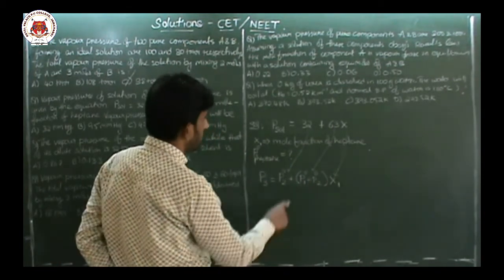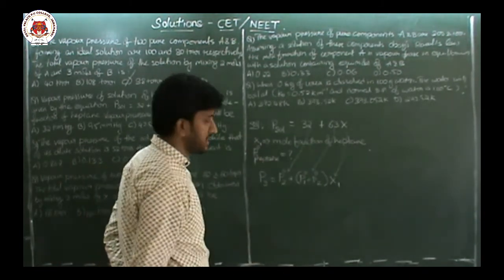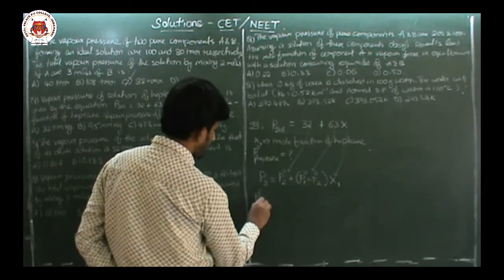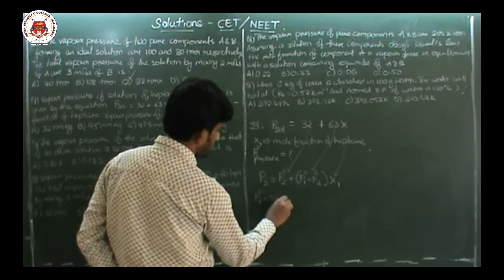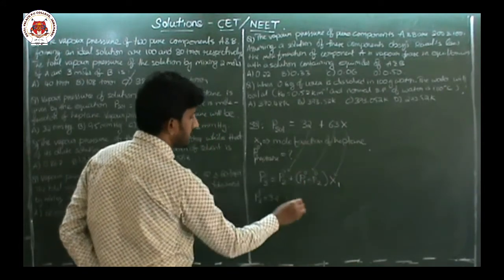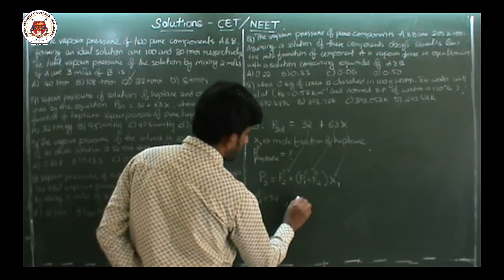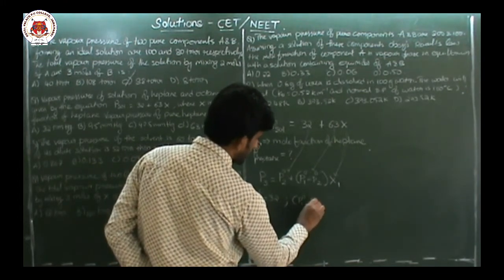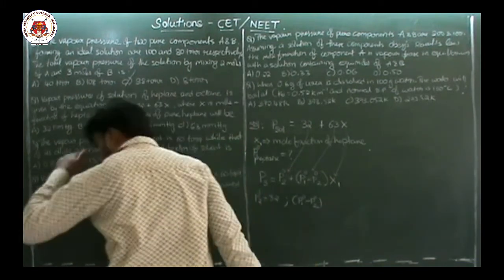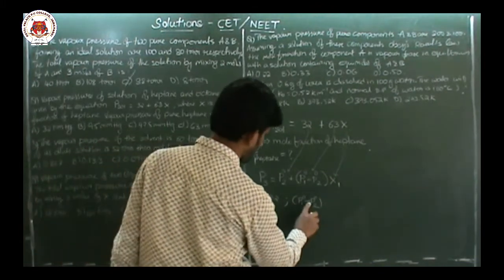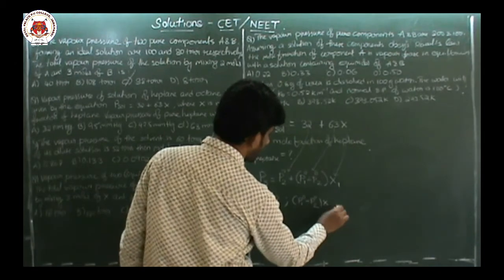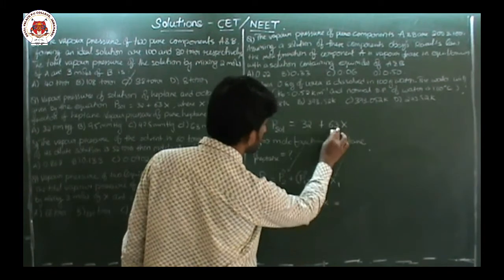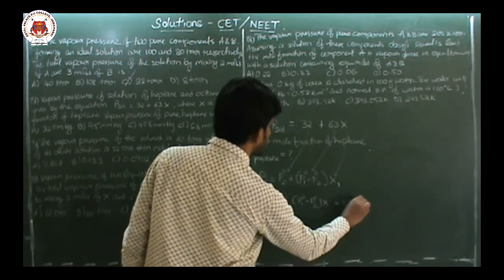So from the given equation, if I make a comparison, P02 is equal to 32. And I can write P10 minus P20 into x, where x is nothing but heptane mole fraction, is equal to 63x.